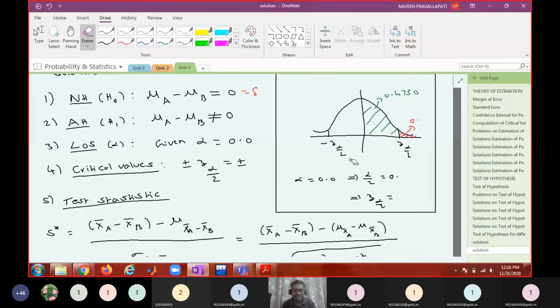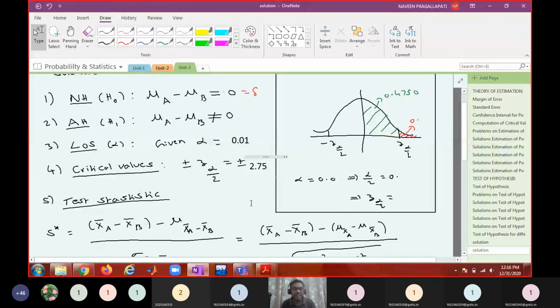2.575, yes. Okay. In that case, what will be your decision? If alpha is 0.01, you are telling 2.575.